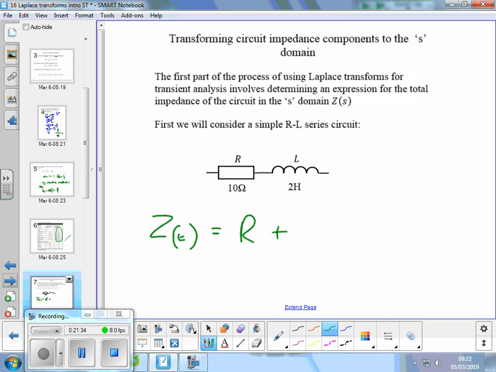Yeah, and XL is equal to 2 pi FL, or omega L.